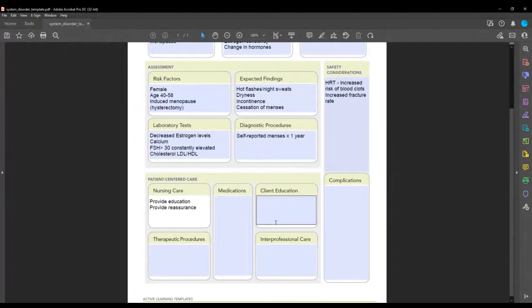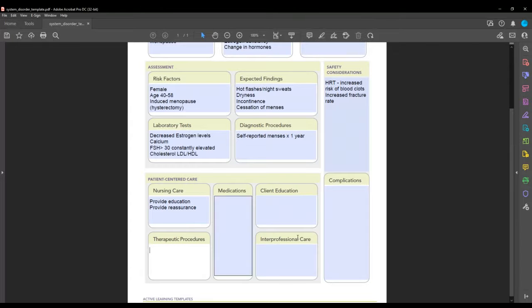Because like we said earlier, they're probably feeling a little bit of anxiety about their body changing because they don't know what's going on. Maybe they don't know if there are any treatments they can take. So we'll provide reassurance and education. There's really not any other true nursing interventions because, like I said, they're not really sick.